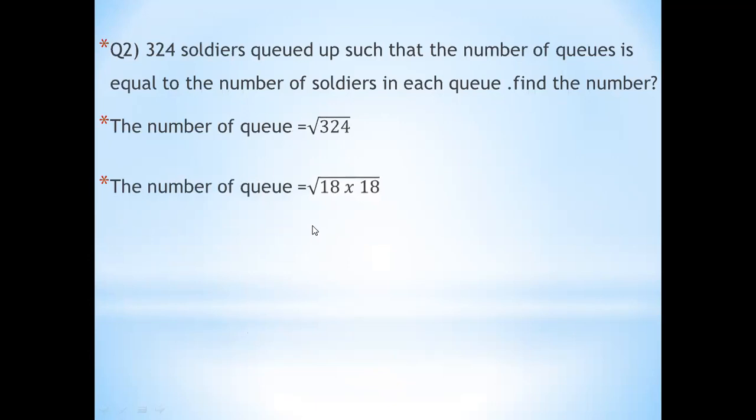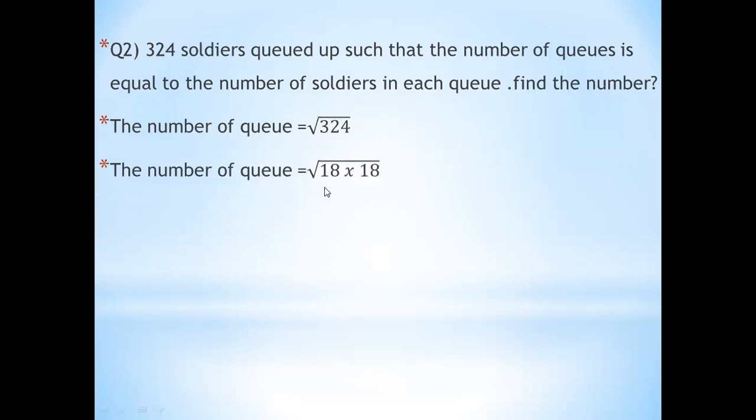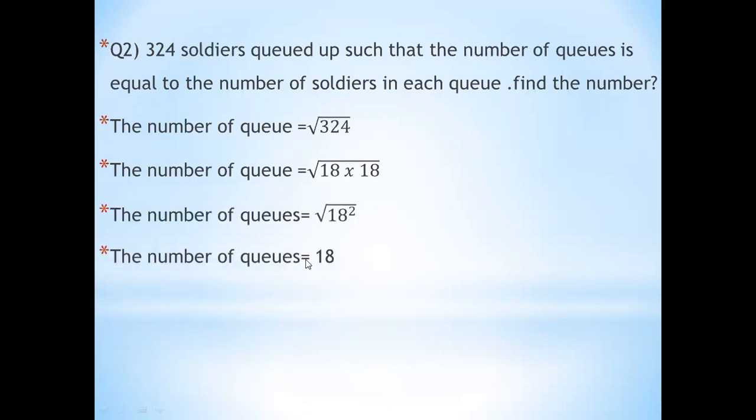When we find the square root of 324, that is 18 multiply 18. You can check it with your calculator: 18 multiply 18 is 324. So 18 square and square root will cancel, so the number of queues is equal to 18.